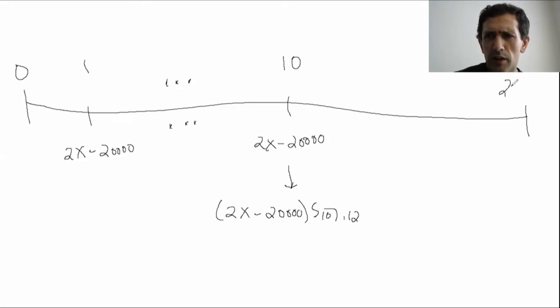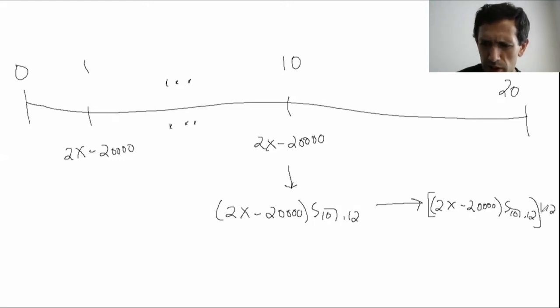Okay. Well, this just accumulates 10 years of interest. So it's 2x minus 20,000 s angle 10 at 12%, and I'll try and squeeze this in. So it's 1.12 to the 10th. All right.